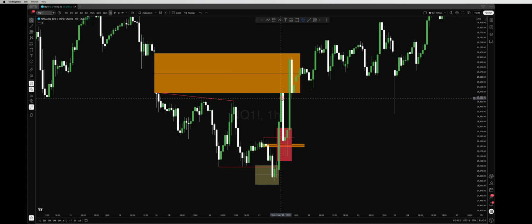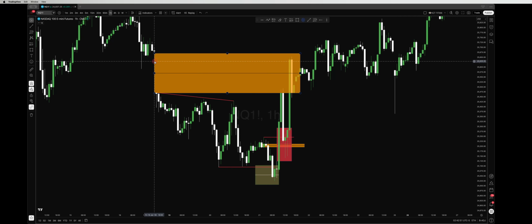No, because this already took this liquidity, okay? And then the candle came down, tapped the BC, supported with the breaker. Now when it's pushing higher, it's not limited to this liquidity, so you can target this gap, okay, at least the midpoint of this gap, from this to this.